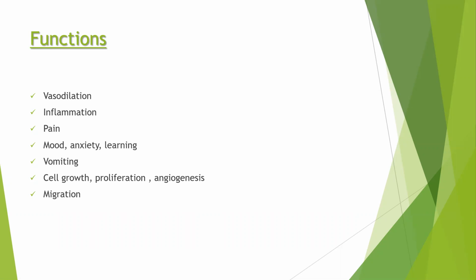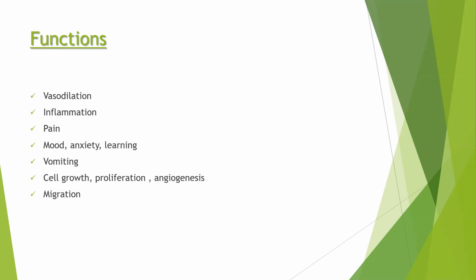Then, inflammation. Substance P and other sensory neuropeptides can be released from the peripheral terminals of sensory nerve fibers in the skin, muscle and joints. This release is involved in neurogenic inflammation, which is the local inflammatory response to certain types of infection or injury.